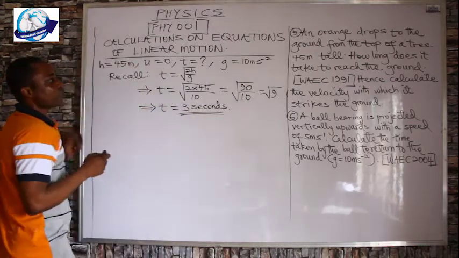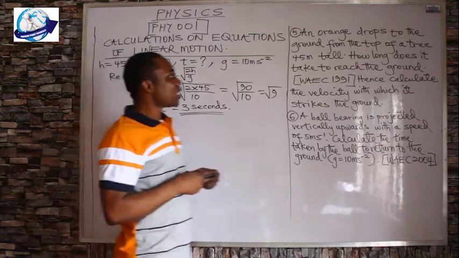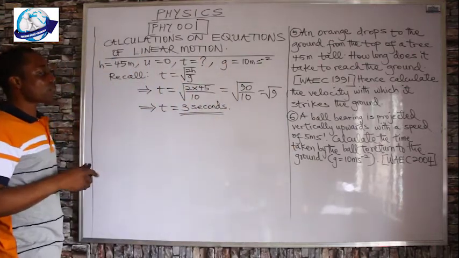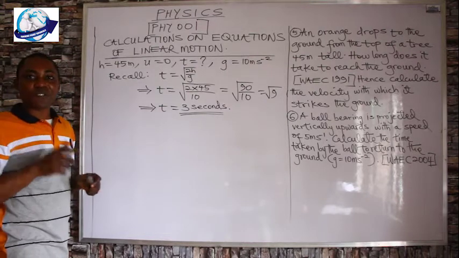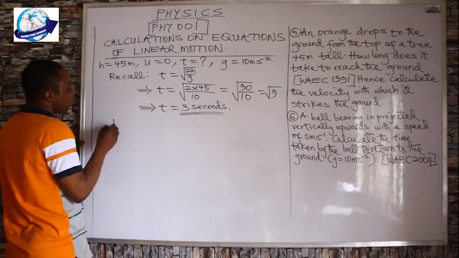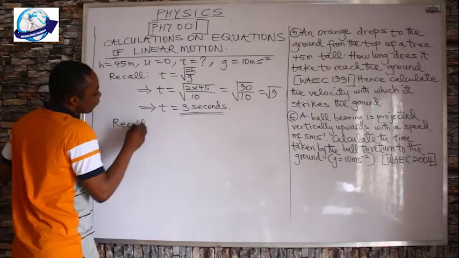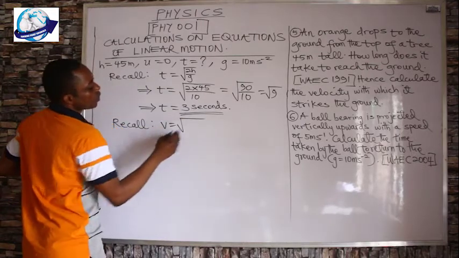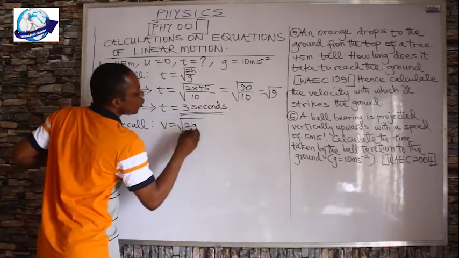Then the next question, still in addition, hence calculate the velocity with which it strikes the ground. That's velocity for free fall. So all you need to do right now is to recall that the velocity for a free falling body v is equal to the square root of 2gh.